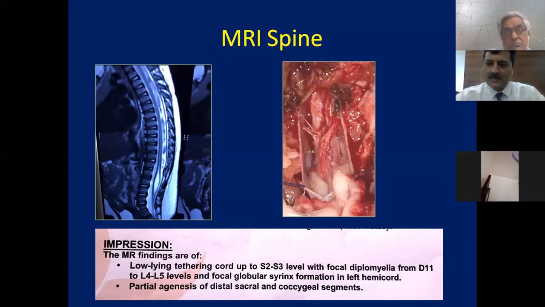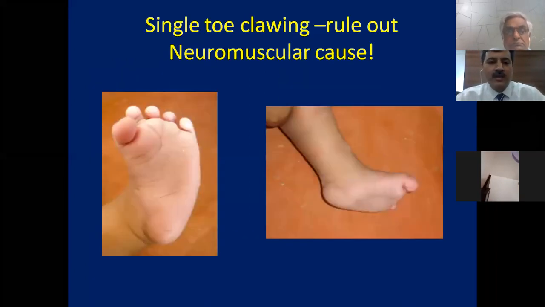With clawing of toes, a dorsal or sacral dimple, or sacral sinus, a neurologist or neurosurgeon needs to be involved from day one. Again, I teach my fellows, when you see a single claw toe, rule out a neuromuscular cause, and the parents need to be informed from the outset.